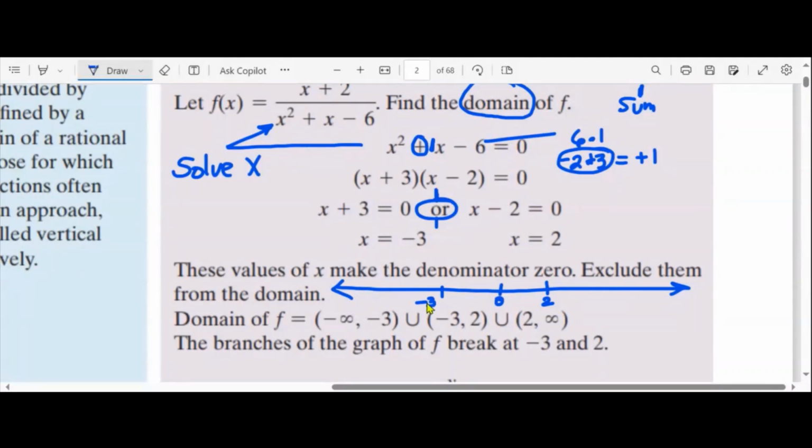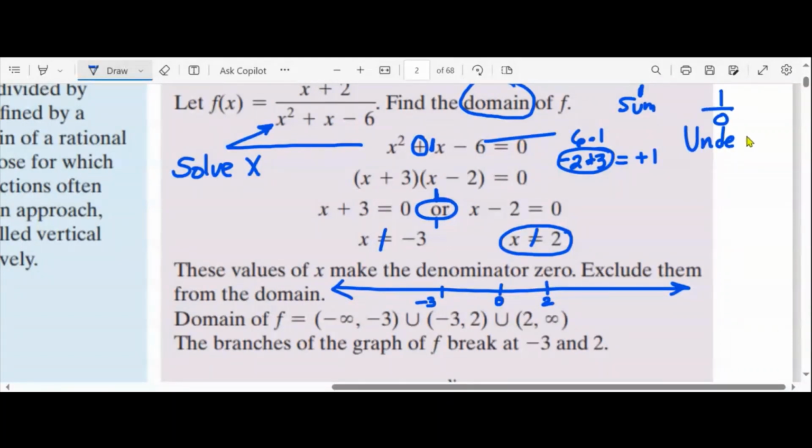Is this clear? He's telling you that x cannot be 2, and x cannot be negative 3. Why did I put this dash? Because if you put 2 here, 2 squared plus 2 minus 6 gives 0. Anything divided by 0 is undefined.